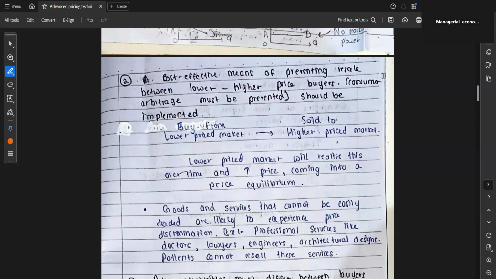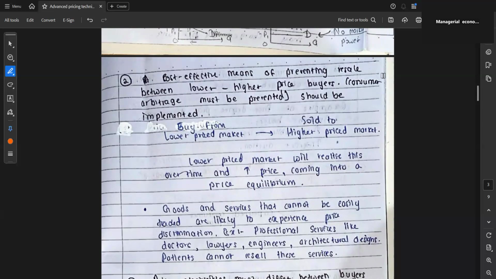So let's say the same product is charged different prices in two markets. So there is a higher priced market and a lower priced market. What a consumer will do if he identifies this difference, he will purchase from the lower priced market and try to sell it at the higher priced market and pocket that difference. That is known as consumer arbitrage.